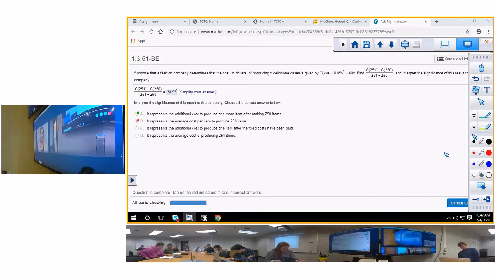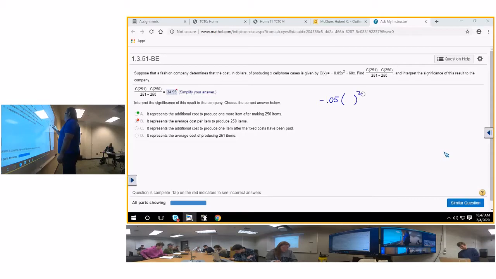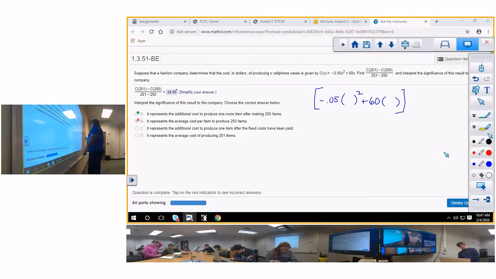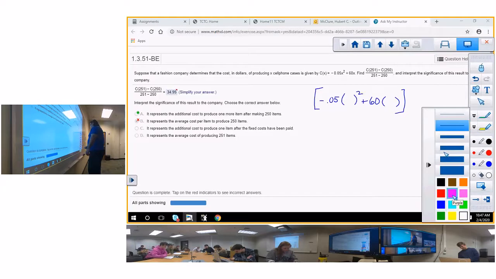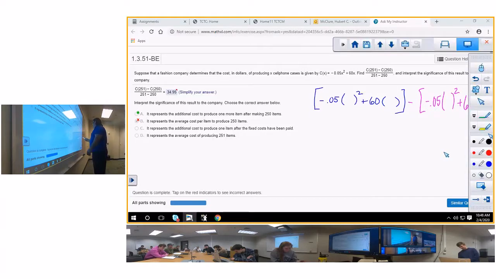I'm gonna put one in blue right here, negative 0.05 parentheses squared plus 60 times parentheses, minus, we'll do in another color because I like y'all, minus negative 0.05 parentheses squared plus 60 times parentheses, over in black.